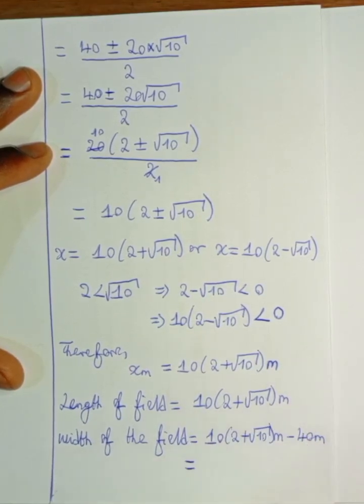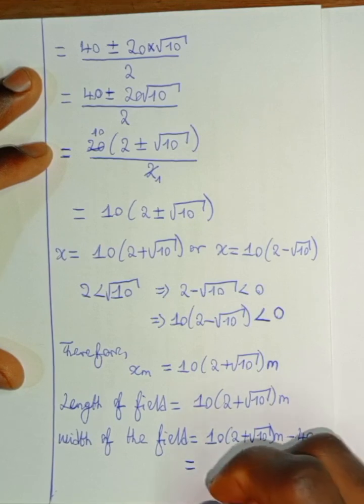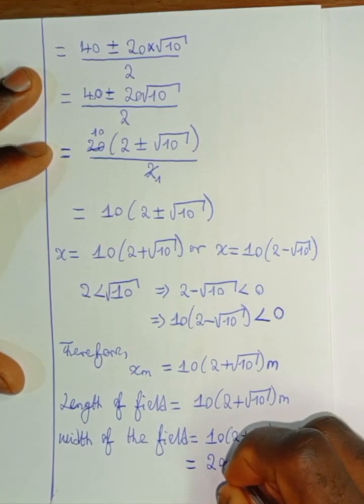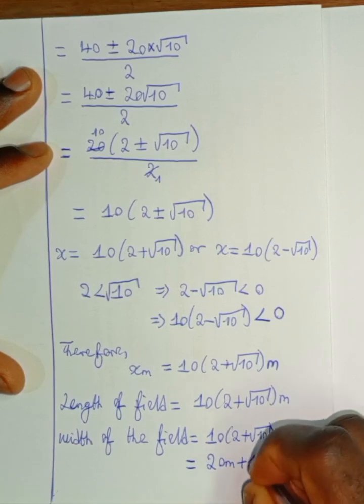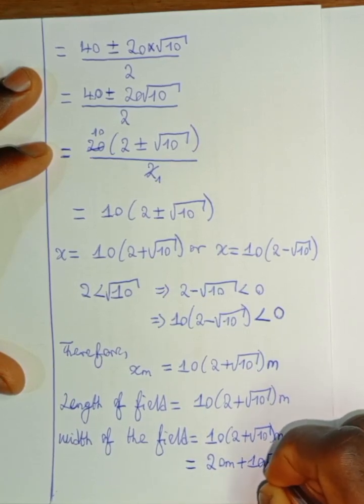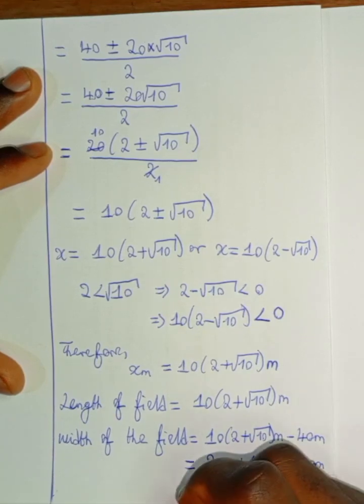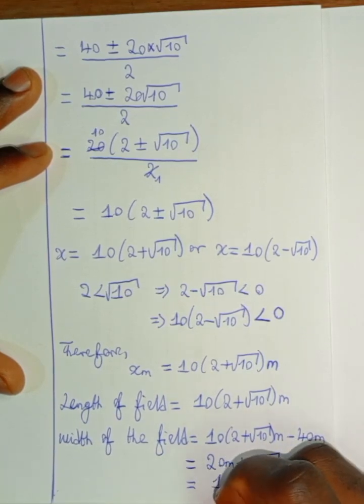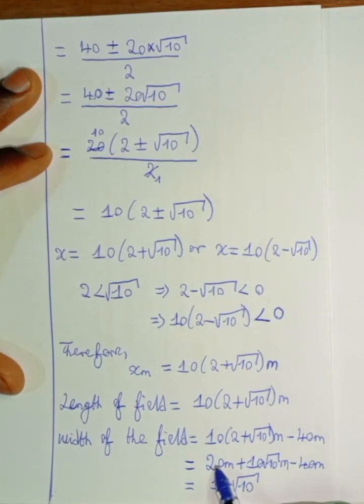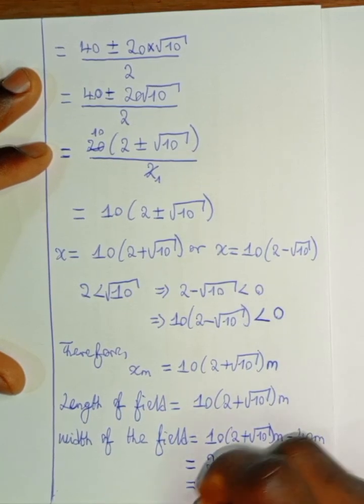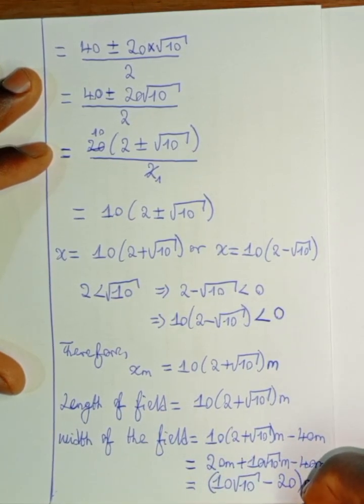This will simply give us, we expand, 10 times 2, which is 20 meters, plus 10 root 10 meters minus 40 meters. And this will simply be equal to 10 root 10. If you take 20 meters minus 40 meters, it gives us negative 20. All this will be meters.